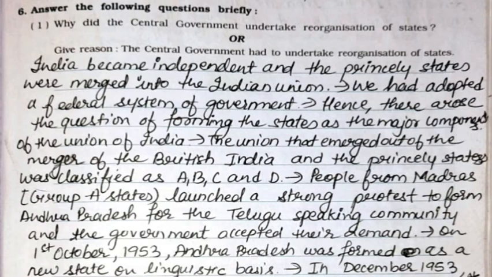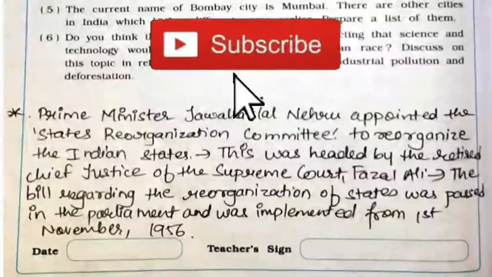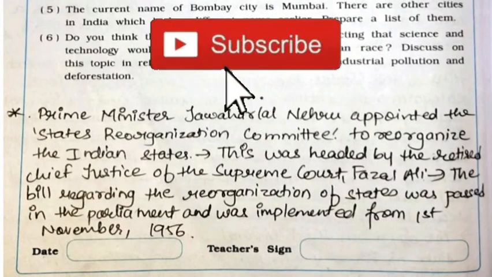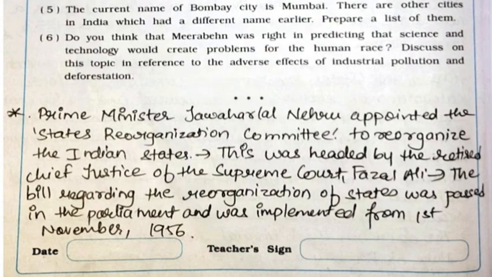In December 1953, Prime Minister Jawaharlal Nehru appointed the States Reorganization Committee to reorganize the Indian states. This was headed by the retired Chief Justice of the Supreme Court, Fazal Ali. The bill regarding the reorganization of states was passed in the Parliament and was implemented from 1st November 1956.